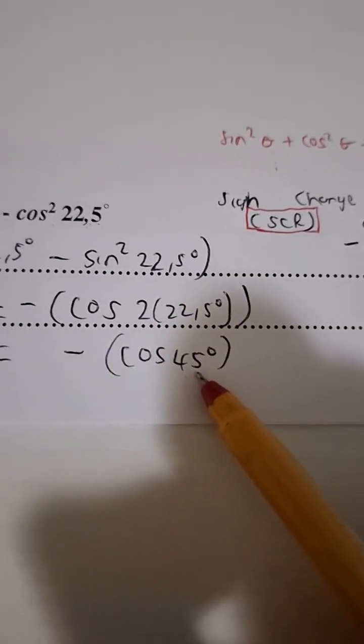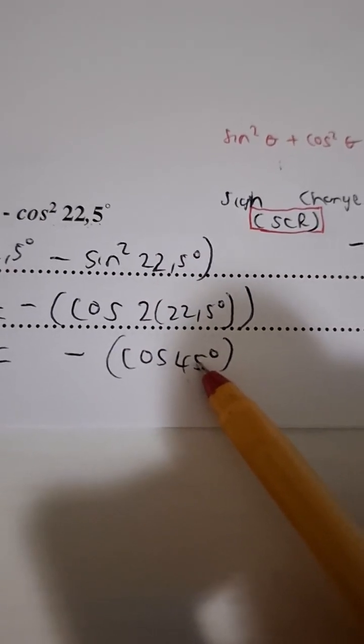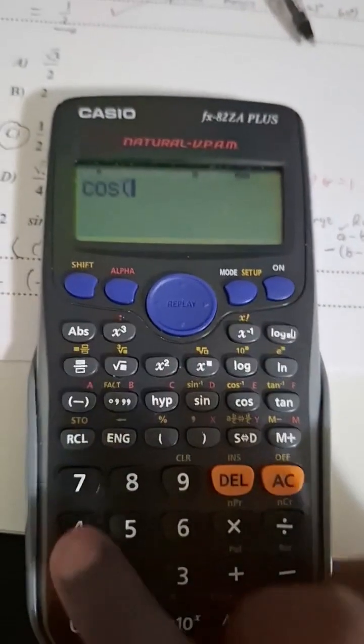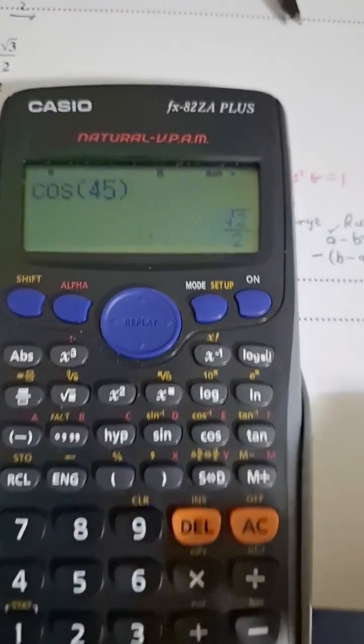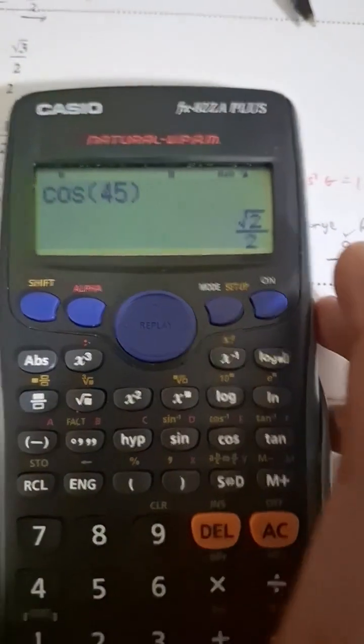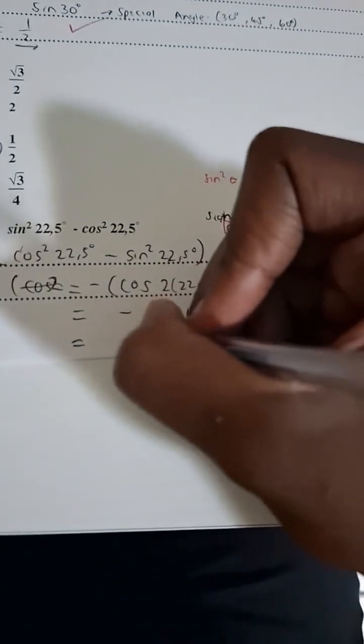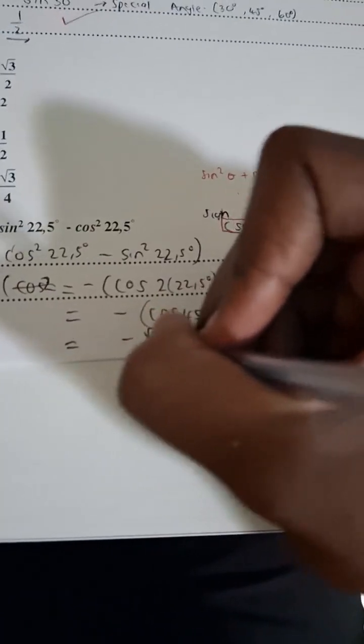But this here is a special angle. Remember, 45 degrees is a special angle. So now I can take my calculator and I can press in cos 45 degrees. That gives me root 2 over 2. So I know the answer is minus root 2 over 2.